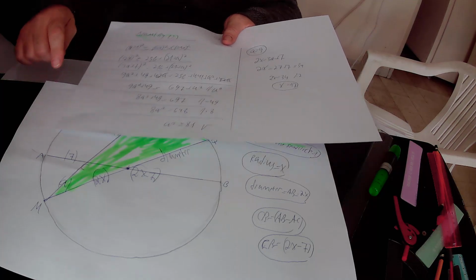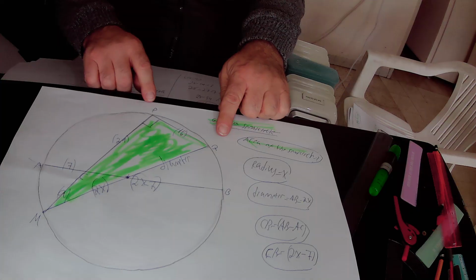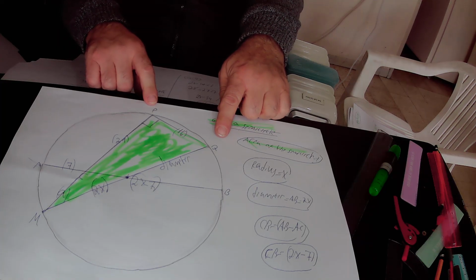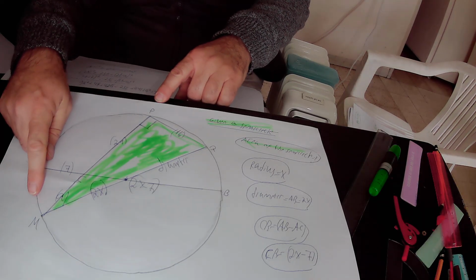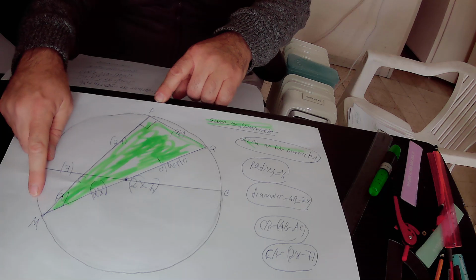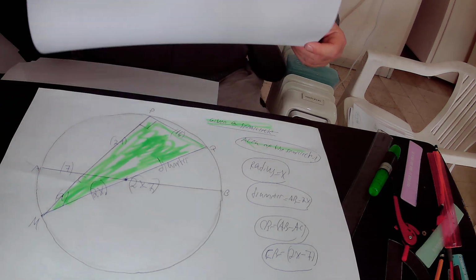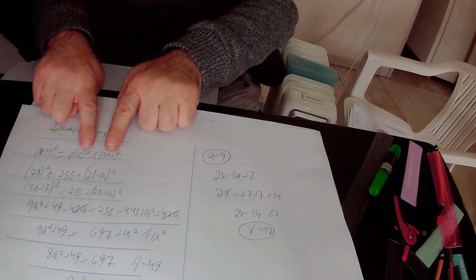QM equals 2x, and therefore QM squared is 2x squared, which equals PQ squared. PQ is 16, therefore PQ squared is 16 squared, that is 256, plus PM squared. PM in total equals 21 plus a, therefore PM squared is 21 plus a squared. So in total, 2x squared equals 256 plus 21 plus a squared.